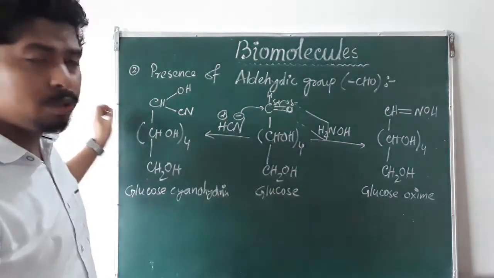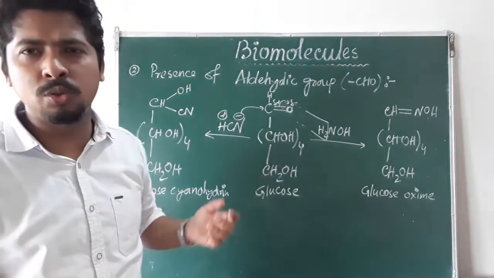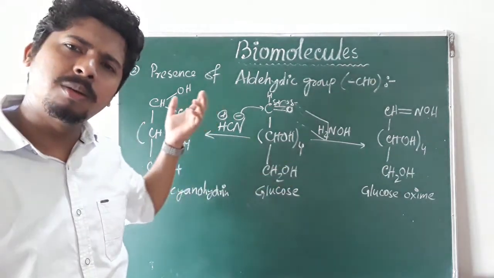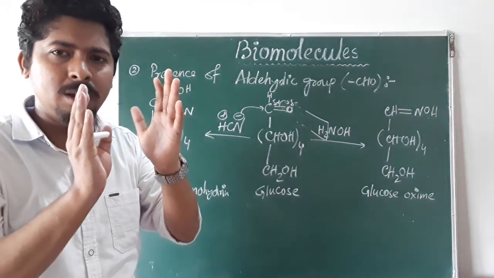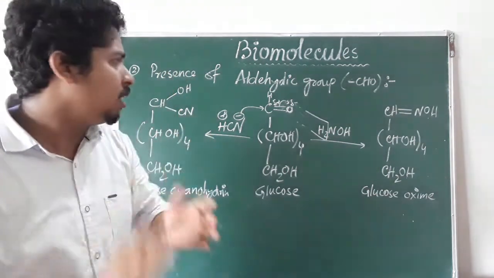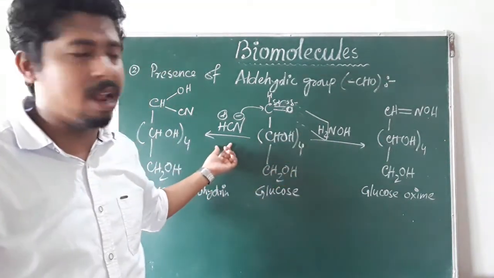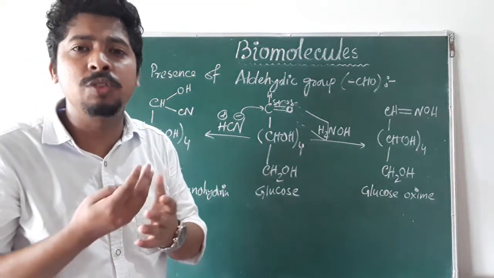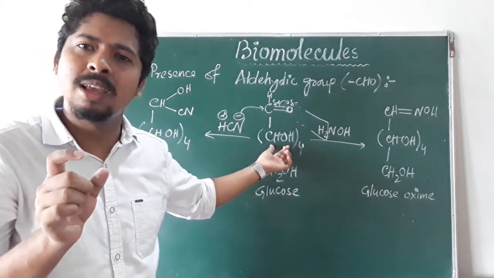Okay. So you see, any carbonyl compounds, aldehydes or ketones, on treatment with hydroxylamine or HCN will form oxime or cyanohydrin. So similar to the reaction of aldehydes or ketones, this glucose also on treatment with hydroxylamine and hydrogen cyanide forms oxime and cyanohydrin.